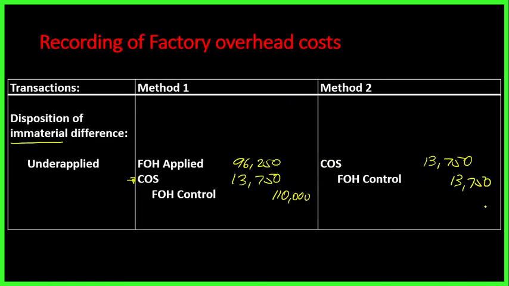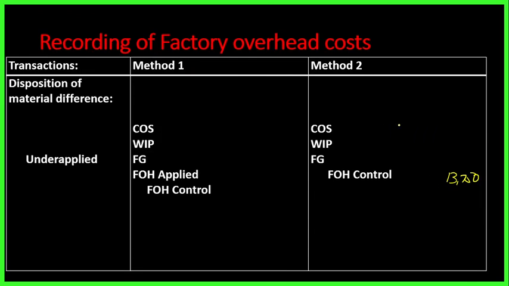This one will be 1,031.25. This one is 10%, so that's 1,375. And then you have 11,340 for 0.75, to make it all 13,750. Okay?